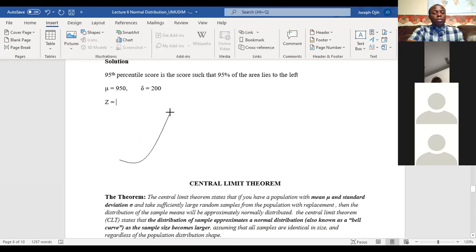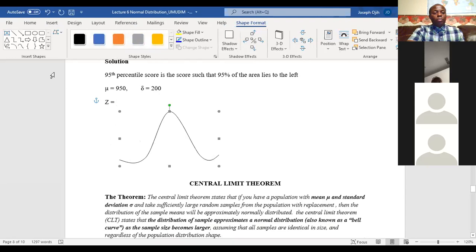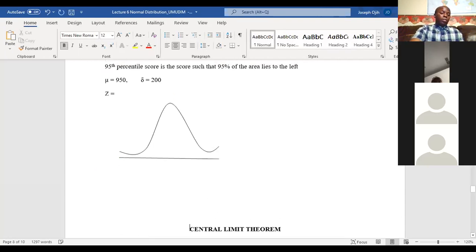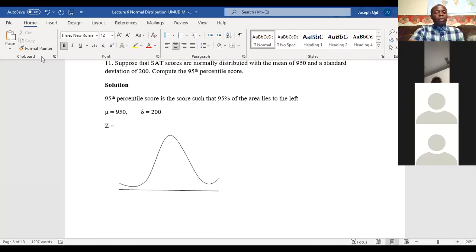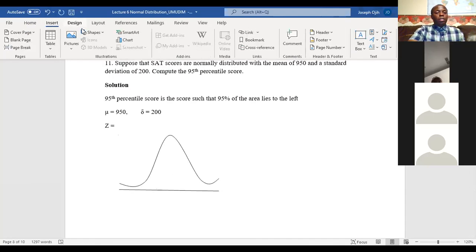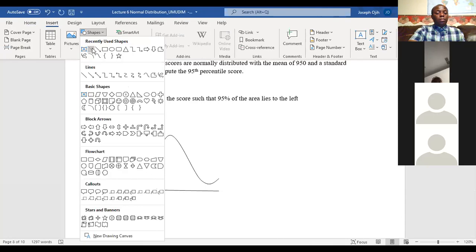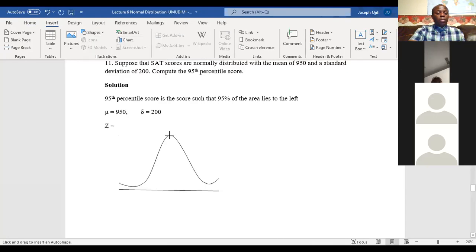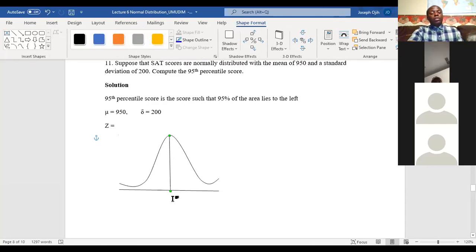Then we put our x-axis and the center line, which is 0.